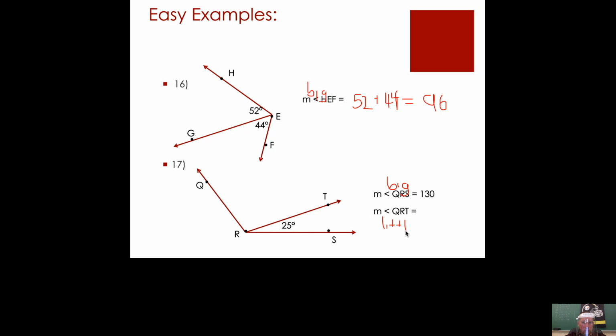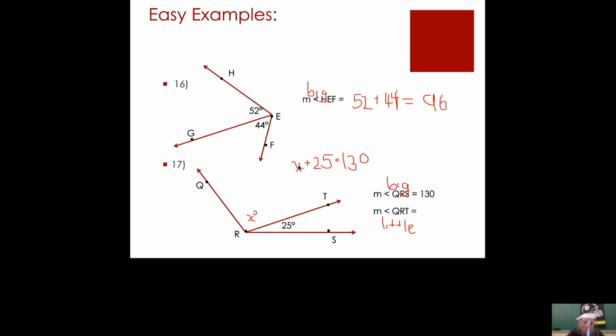If you know the big angle and one of the little angles, how are you going to find the other little angle? Well, it's just like this one, only now you know this and you don't know this. So if we just call this something, maybe X, because we don't know it, we could use algebra here. That little angle X plus 25, the other little angle, equals the big angle, 130.